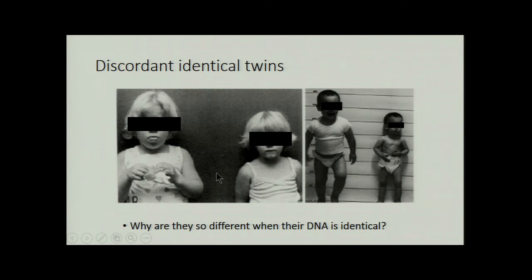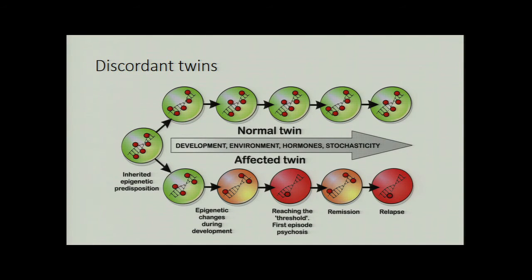So why is it indeed that these two twins, even though they share the same genetic material, look so different? It's because, as I mentioned, they can have differences in the methylation of their DNA in one twin versus the other. And the reason that happens is that when you develop a twin, you have the original zygote with its DNA, and the modifications in the genome in terms of methylation are represented in red.